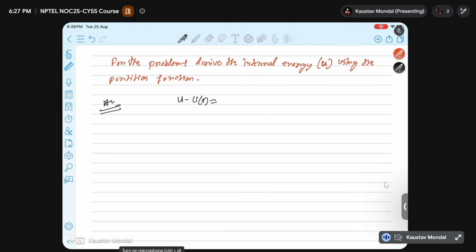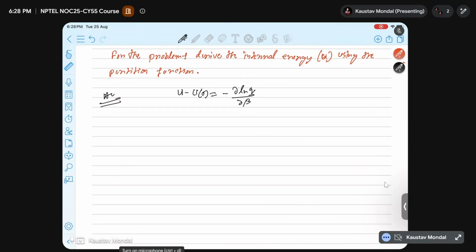U is equal to minus del log Q by del beta. You can write it like this: 1 by Q into del Q by del beta also, right?